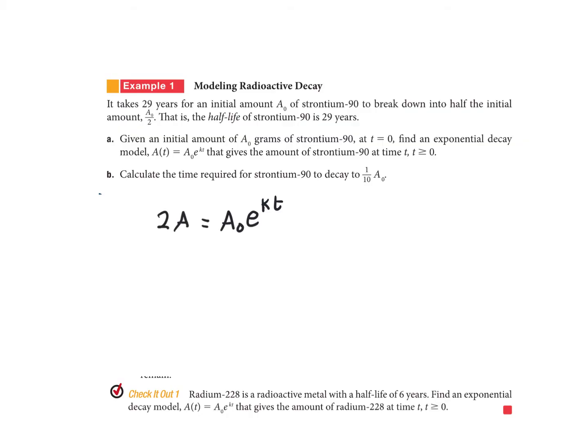We're not doubling, we are halving, when t is 29 years. So I can use this to solve for k. Because when I divide both sides by the initial amount, this is going to cancel. We're going to have this equation.